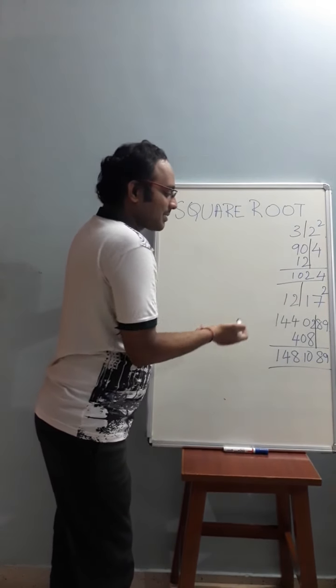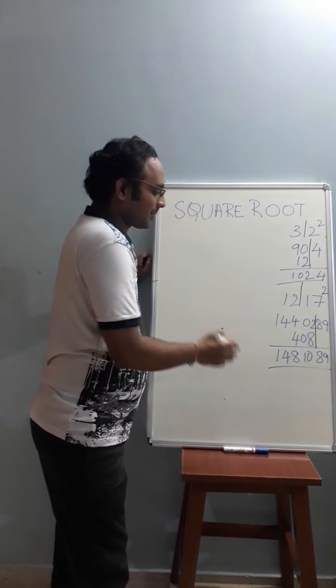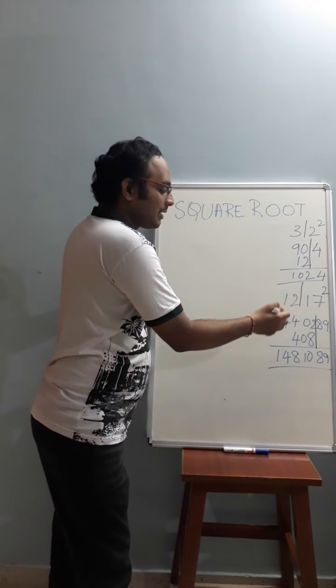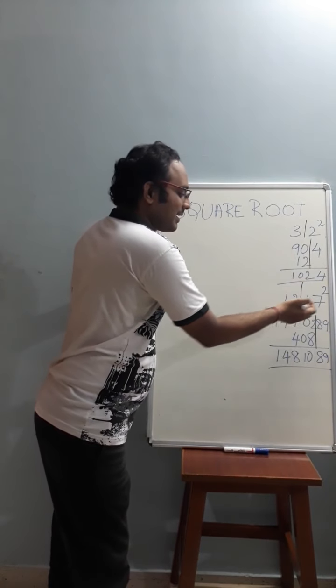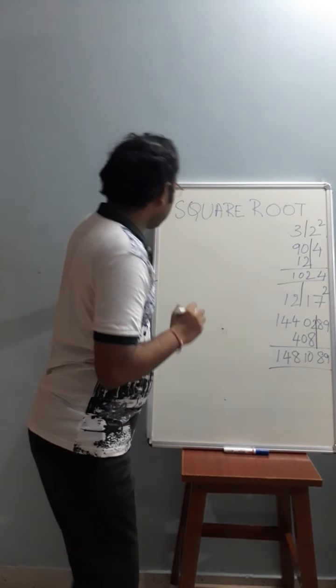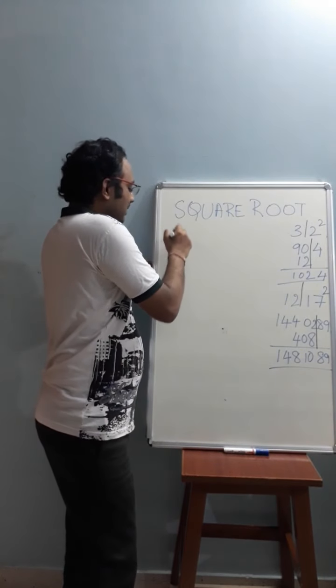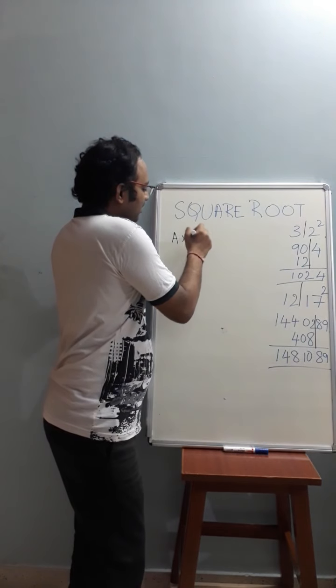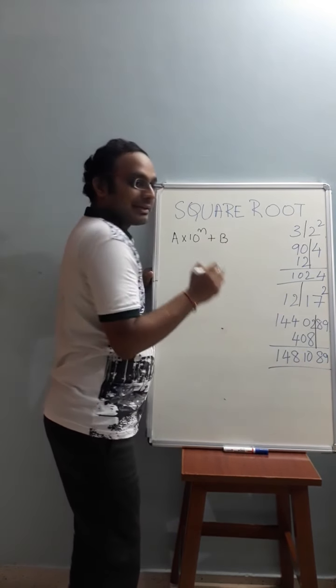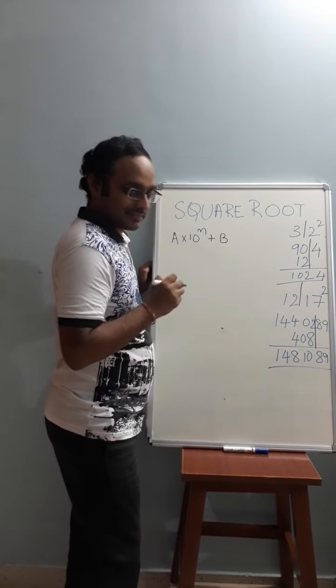We treated 12 as a separate number, 17 as a separate number. 1217 can be written as 12 into 10 to the power of 2 plus 17, where 17 is a two digit number. So in general, we can write it as a into 10 to the power of n plus b, where b is a number of n digits.